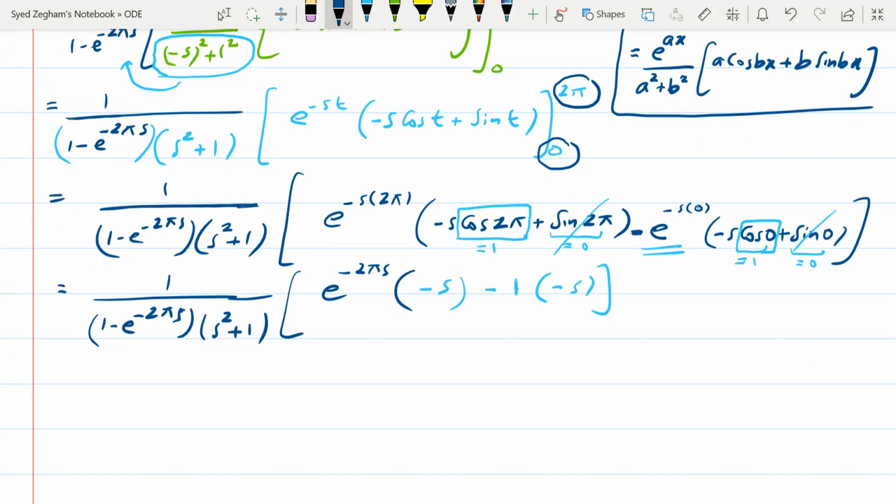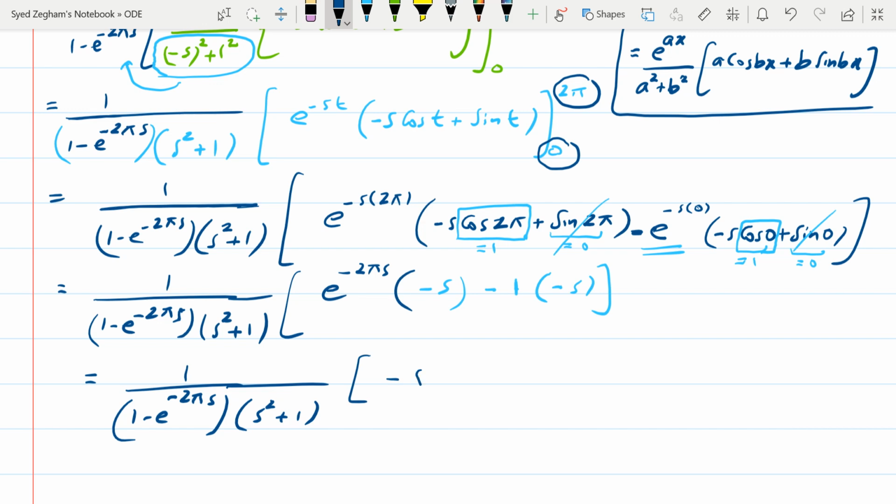So we are now in a position to write the final answer. This gives me 1 over 1 minus e to the power minus 2 pi s multiplied by s square plus 1.